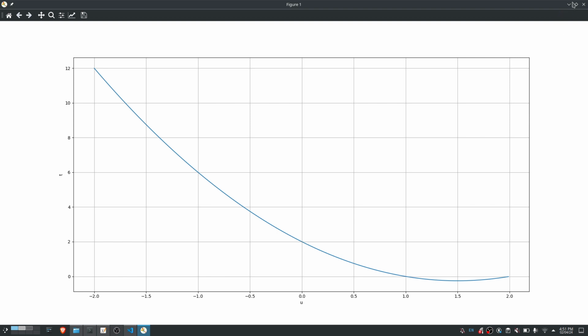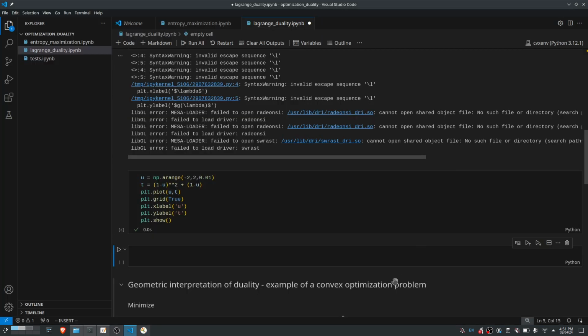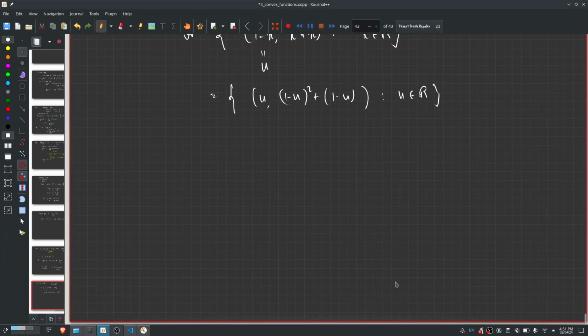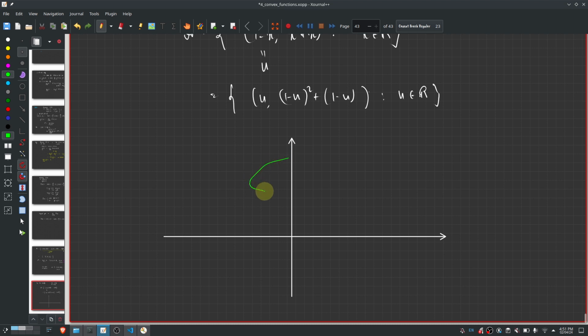So in general, suppose that we have some f. For a general optimization problem, I could have some arbitrary A. Maybe this is what my A looks like.